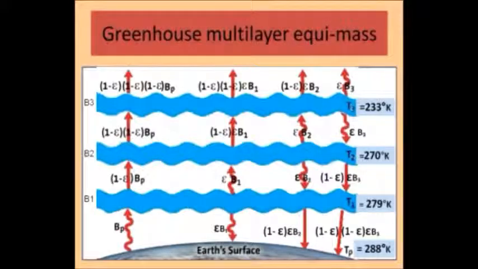Here we have our greenhouse multi-layer equimass model of the atmosphere. Now the absorptivity and emissivity is the same for each band of atmosphere. We have a problem that can be solved relatively easily. The values for temperatures T1, T2 and T3 were obtained from our typical atmospheric pressure and temperature graphs.